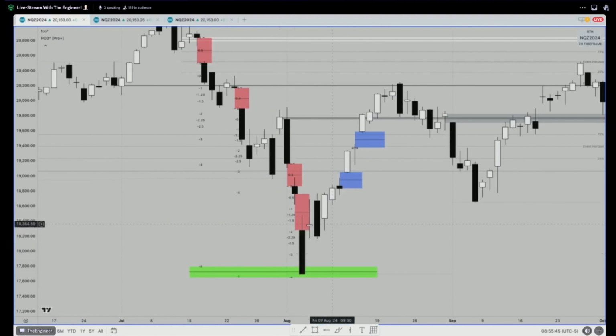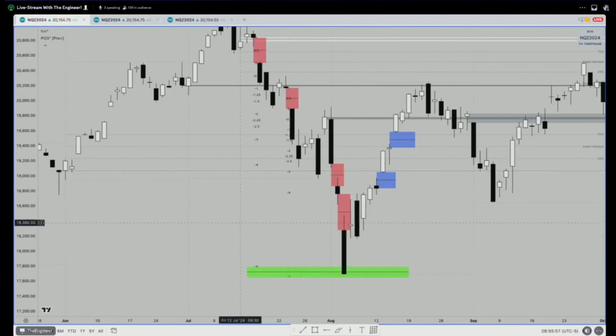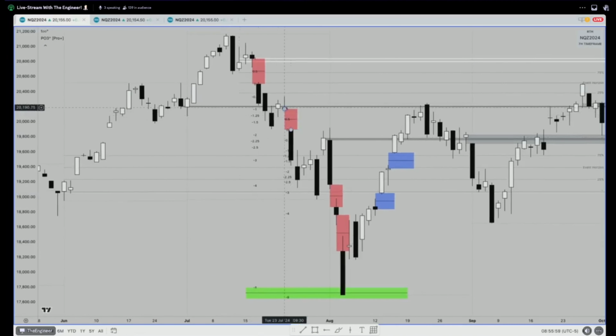And take a look. If you like to study, look at what price is doing. Monthly opening gap, breakaway gap.